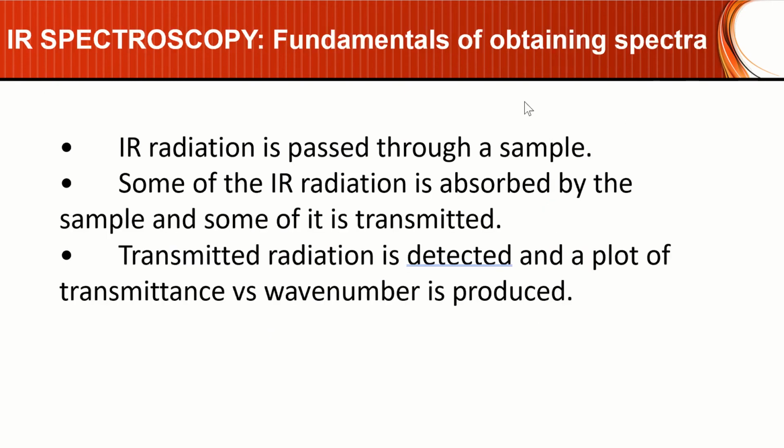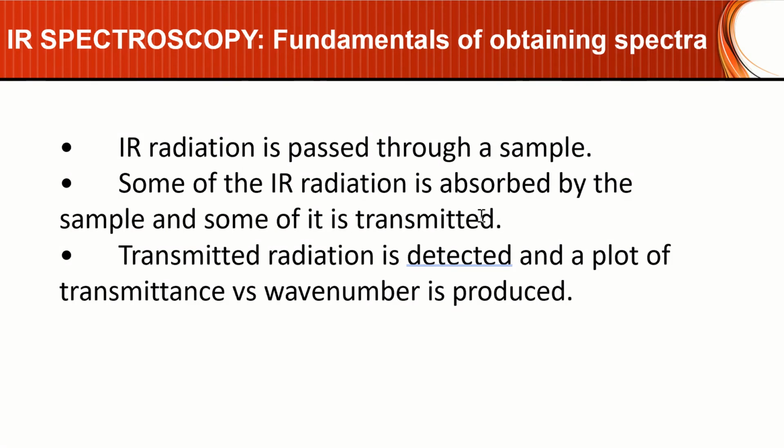All right, so let's take a second to look at the fundamentals of obtaining spectra. IR radiation is passed through a sample, and I need you now to use your imagination somewhat, right? Some of the IR radiation is absorbed by the sample and some of it is transmitted.